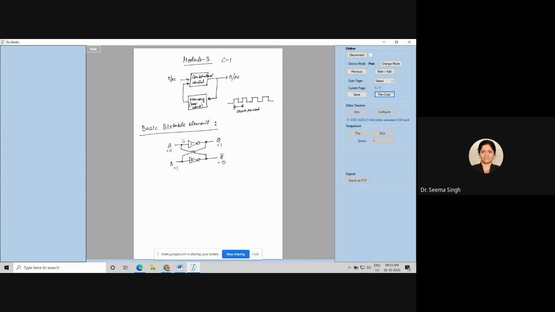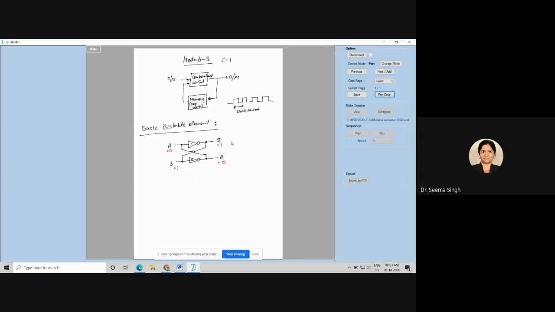Now can you see that if A is equal to 0, then A, Q, B and Q bar will remain in this state forever. Forever means till power is supplied to this circuit. A will remain 0 forever, Q will remain 1 forever, because this is connected here, and this 0 will remain here forever.